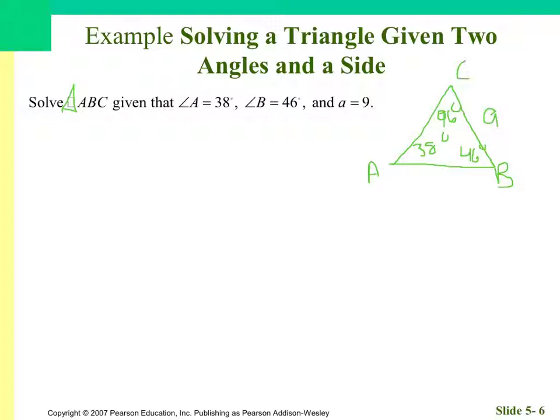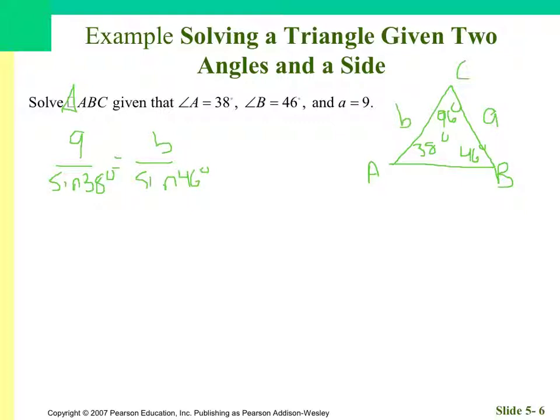So I would say sine of 38 divided by 9. And actually, here's the thing. What I would do for this is flip it. So you can actually do this: 9 over the sine of 38 degrees equals b divided by the sine of 46.